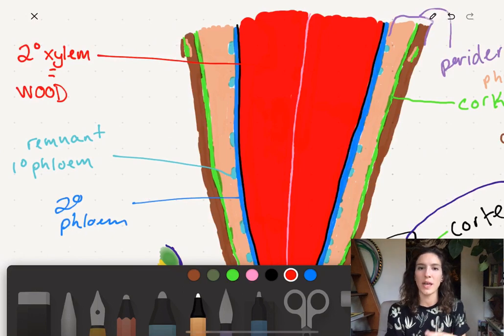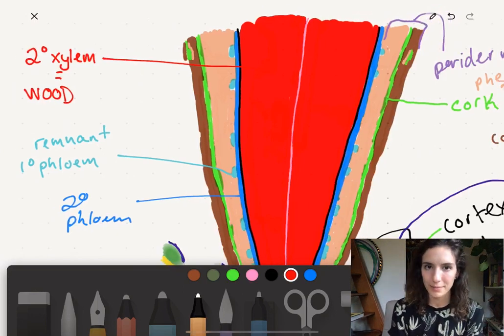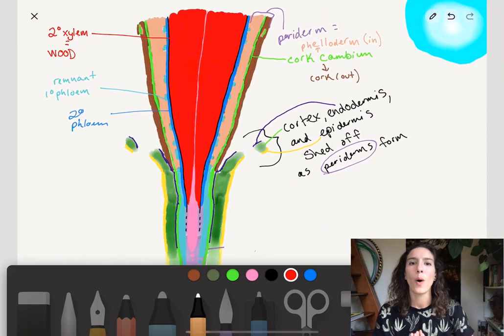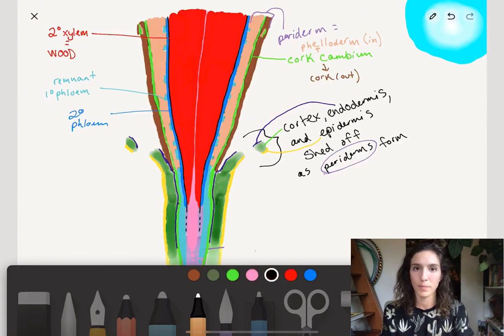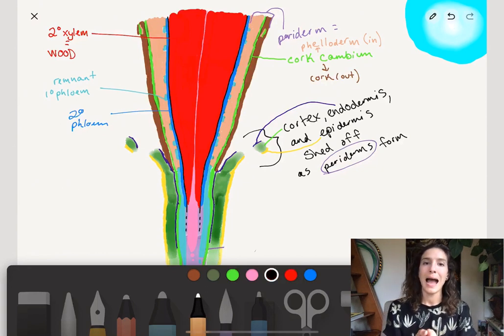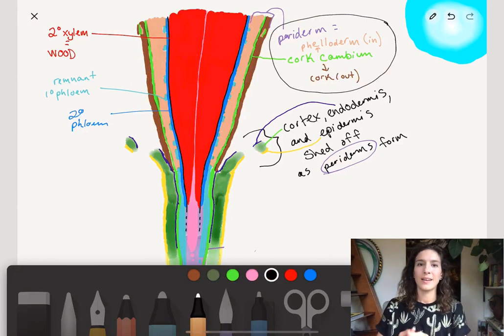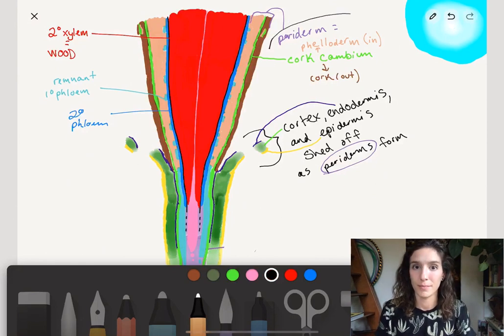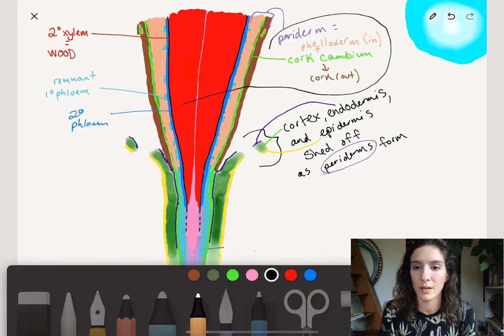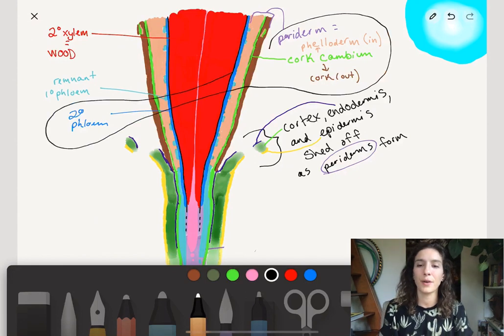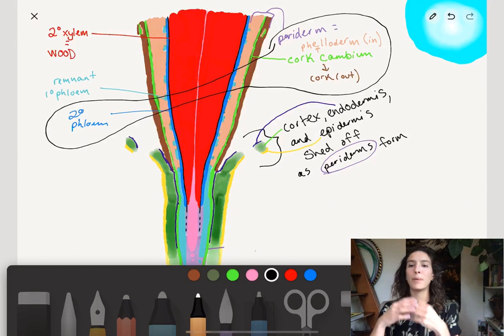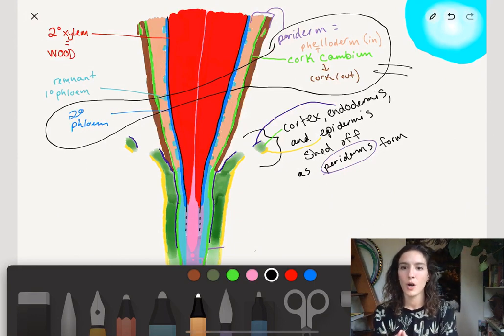Which begs the question then, what exactly do I mean by bark? Well, bark is very specific, actually, when we look at it in botanical terms. The outer bark is the periderm. The inner bark is the secondary phloem, and together, the secondary phloem plus the periderm layers are bark.